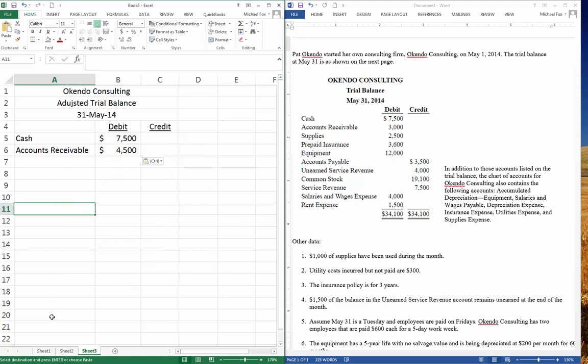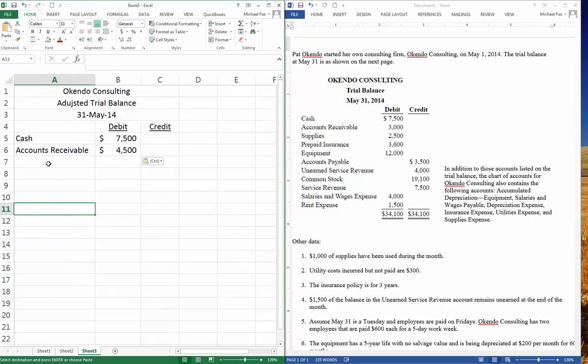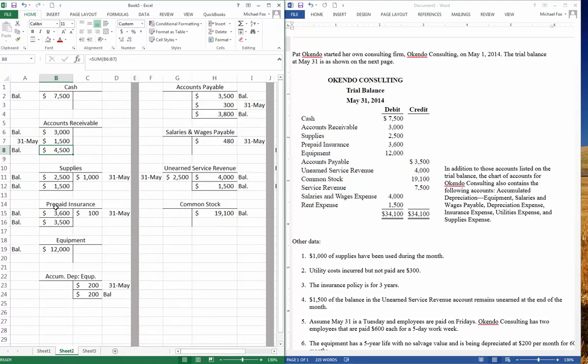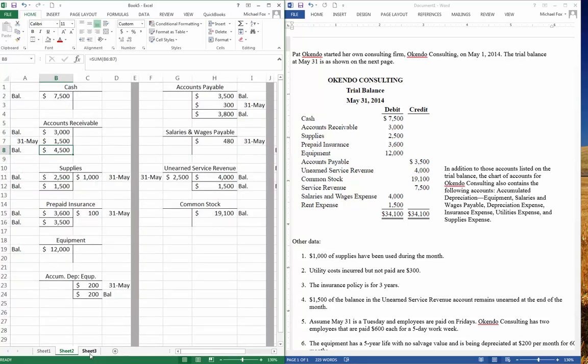But anyway, that's all we have to do. So I'll go ahead and do that. Supplies 1,500. It might be just as fast to type it. Prepaid insurance 3,500. Equipment 12,000.